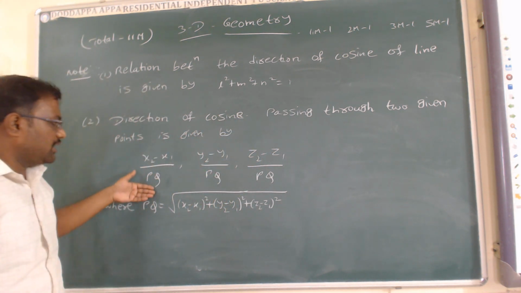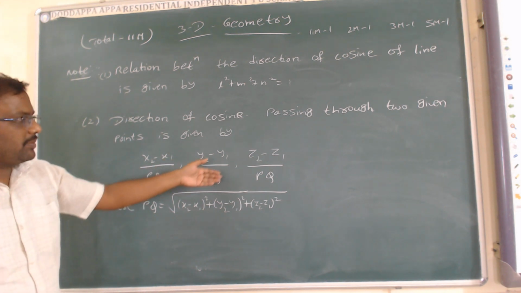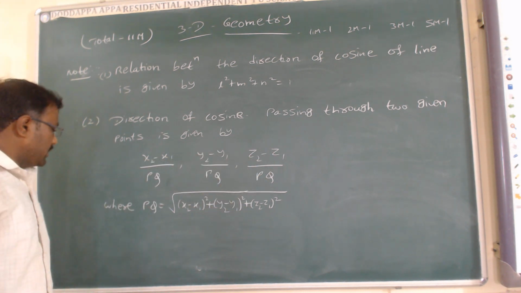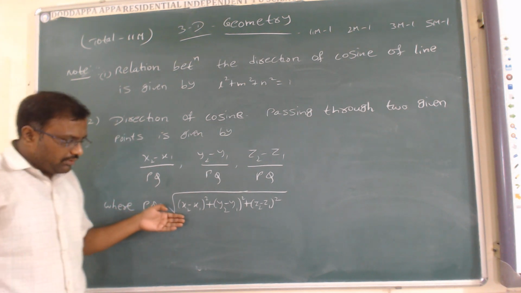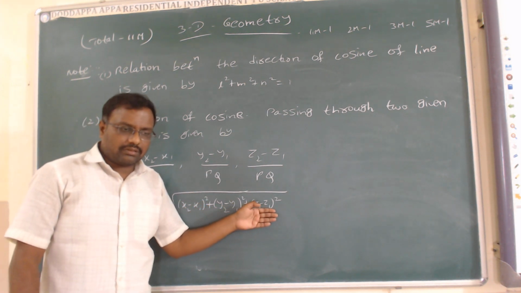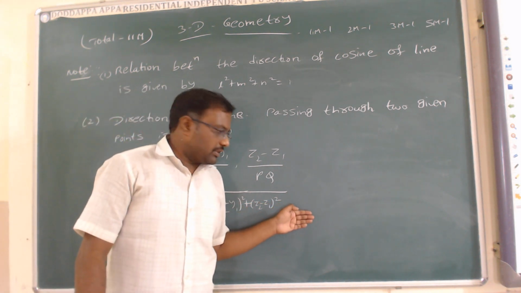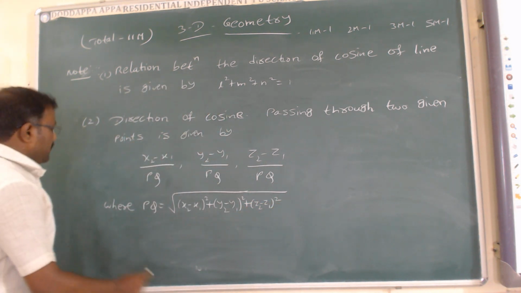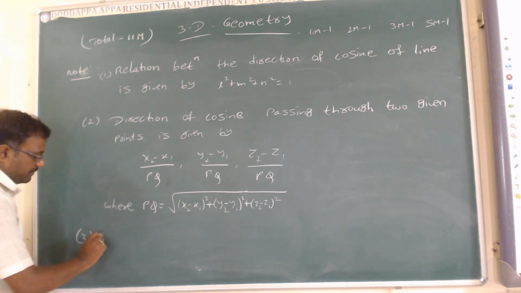x2 minus x1 divided by pq, y2 minus y1 divided by pq, z2 minus z1 divided by pq, where pq is equal to what? Under root of x2 minus x1 whole square plus y2 minus y1 whole square plus z2 minus z1 whole square. Okay, similarly we discuss about third point.